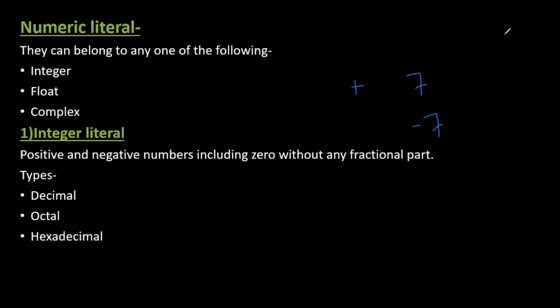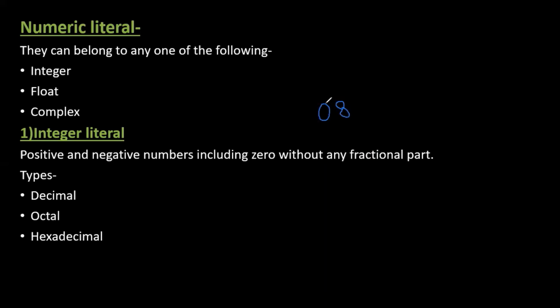Okay. Now, the integer literal is further divided into 3 categories: decimal, octal, and hexadecimal. These are basically different bases in which you can represent a number. Decimal is the number system that we follow, like 8, 10, -10. Make sure that you do not write any number like this in Python.